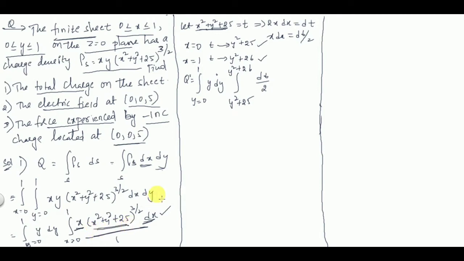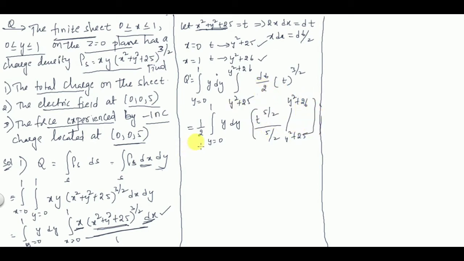The total term x square plus y square plus 25 is t, so this becomes t power 3 by 2. So 1 by 2 is a constant, you can write it outside: integral y equals 0 to 1 y dy into the integral of t power 3 by 2, which is t power 5 by 2 by 5 by 2, with limits from y square plus 25 to y square plus 26.